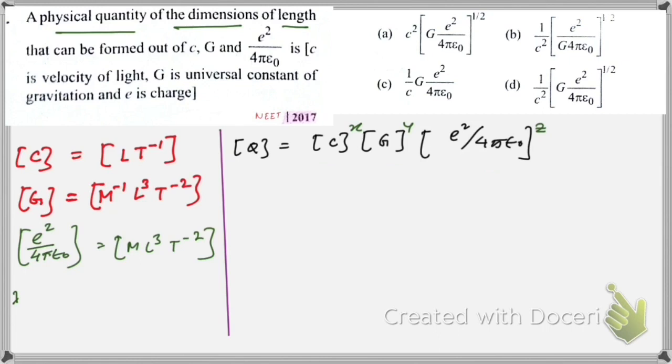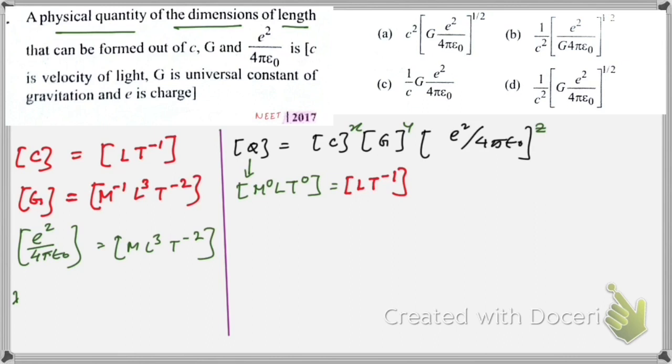As in the question, this quantity has the dimension of length, so we can write M to the power 0 L T to the power 0, right? And the dimension of C we have got is L T to the power minus 1.